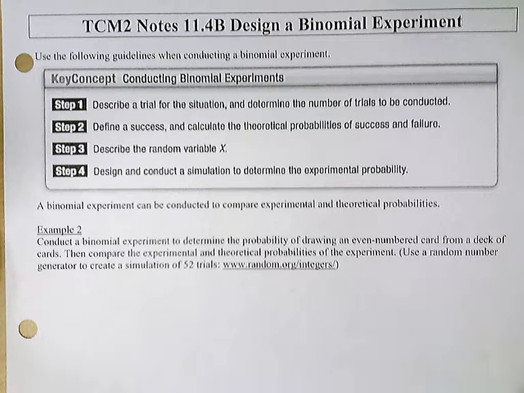So we do need to state what is a success, what is a failure, and state the probability of each. Step 3 is to describe the random variable x, which we've done before. And step 4 is to design and conduct a simulation to determine the experimental probability. So we're actually going to conduct this experiment.